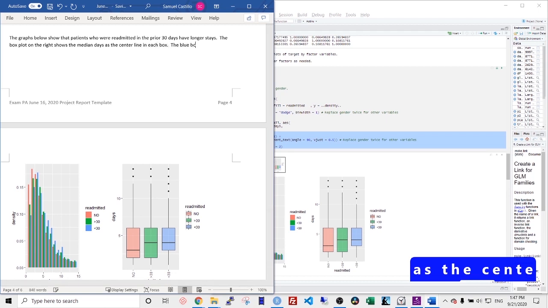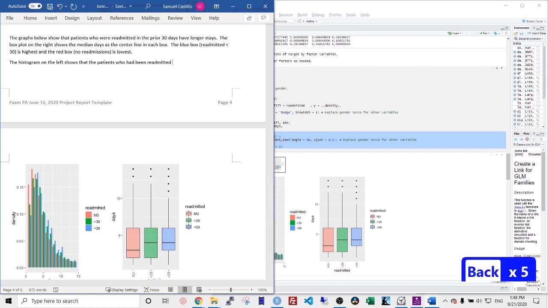The blue box for readmitted less than 30 is highest, and those in the red box, no readmissions, is lowest. The histogram on the left shows that patients who have been readmitted spend more days in the hospital because the blue line is always higher than the orange line.